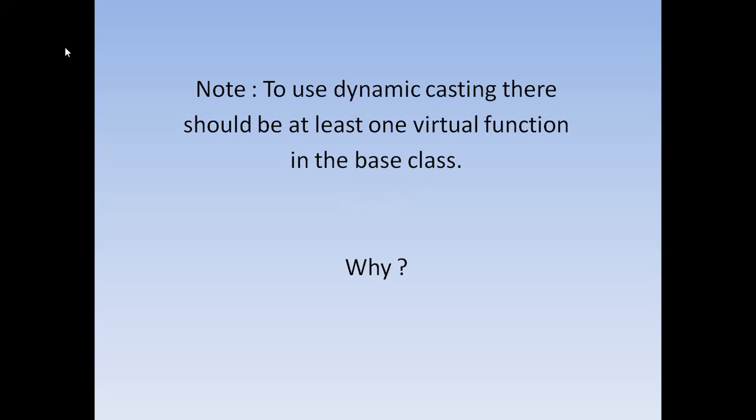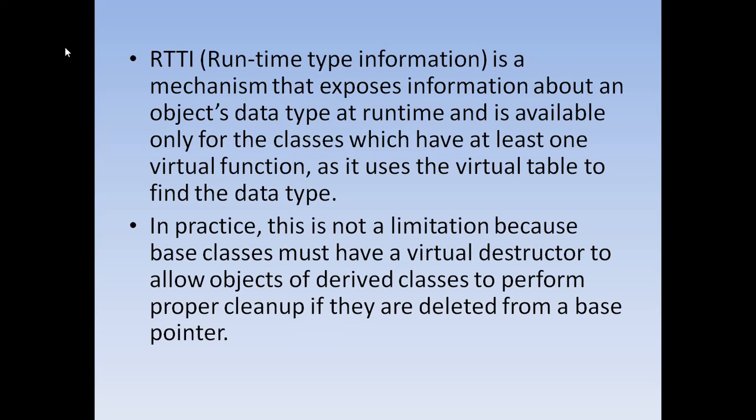We saw that to use dynamic casting, there should be at least one virtual function in the base class. Now, talking about why we need this. The compiler, in order to differentiate between the two lines of code that we just saw, the one which made sense and the other one which did not make any sense, uses something called the RTTI to help verify that.